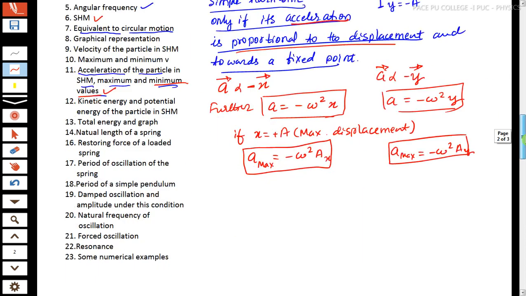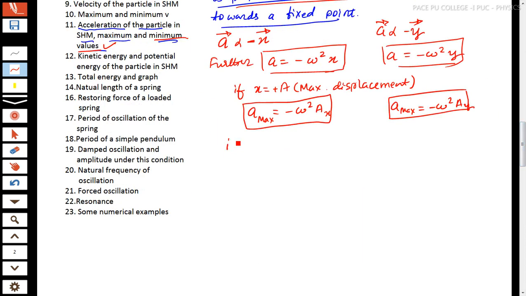If x is equal to 0, this is the minimum value of displacement. This happens at the mean position.